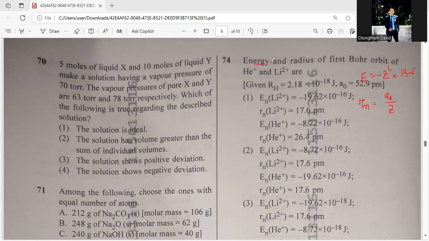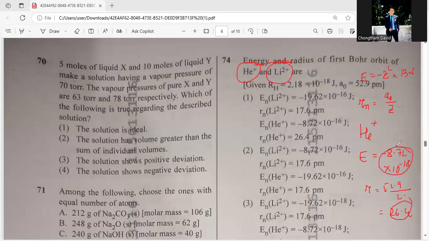Question is asking energy and radius of respective helium and lithium. So we'll go one by one, step by step, slowly. So for helium, let us say the energy would be minus 13.6 into 4, would be minus 54.4 electron volt. So you have to convert that in terms of joule. So it becomes minus 8.72 into 10 to the power minus 18, and the radius will be 52.9 divided by 2, that is 26.4.